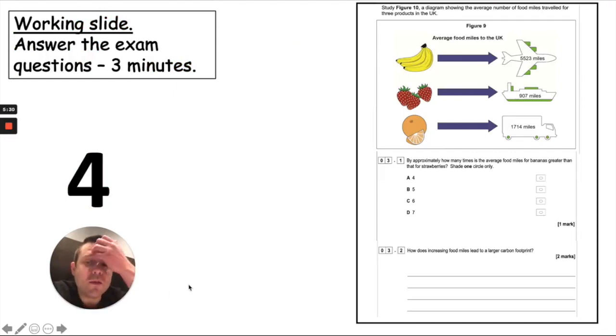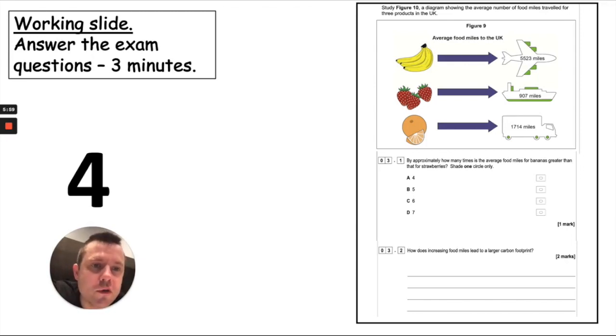Okay then, so this one is a bit of a nicer question for you, but still, all marks that you can build up to get that brilliant grade that you deserve for working so hard. So, 3 marks, 3 minutes. First question. Study figure 10, a diagram showing the average number of food miles travelled by 3 products in the UK. So we've got bananas, and they travel 5,523 miles.